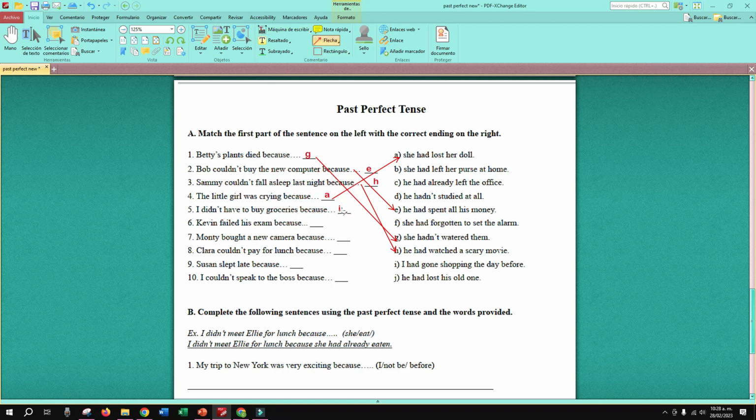That will be that one. Excellent. Let's see. Six. Kevin failed his exam because what? D. He hadn't studied at all. That would be the reason, right? Excellent. D.